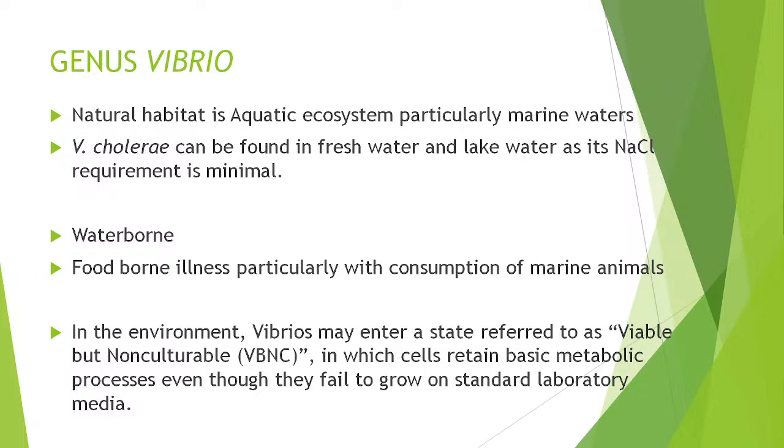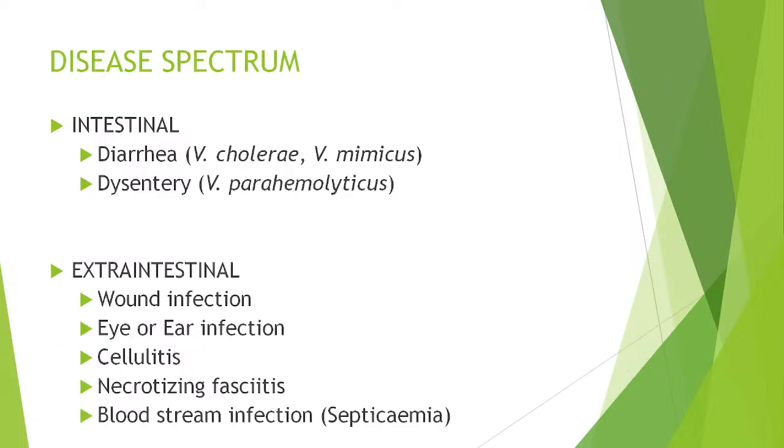So that is called a viable but not cultivable state, and usually from this state they come into the aquatic marine environment, convert into a viable bacterial phase, and then if some person consumes such water, they can suffer from infections due to Vibrio, particularly diarrheal illness.